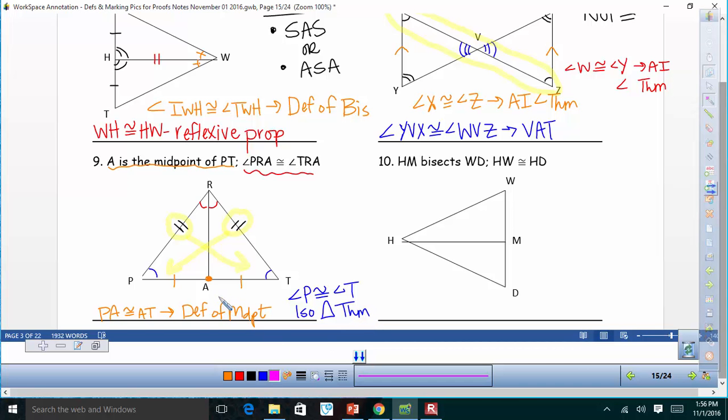And then the last thing that's implied is the fact that RA is shared in both triangles. So this is congruent to itself by reflexive property. So RA is congruent to AR by the reflexive property.